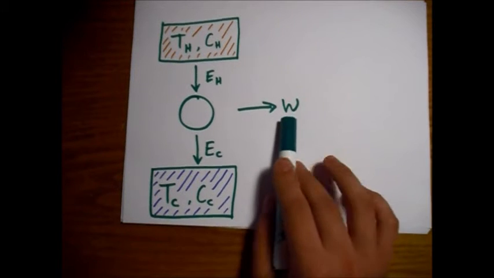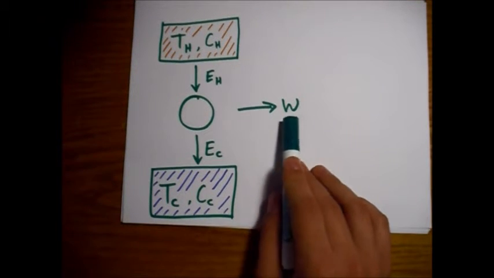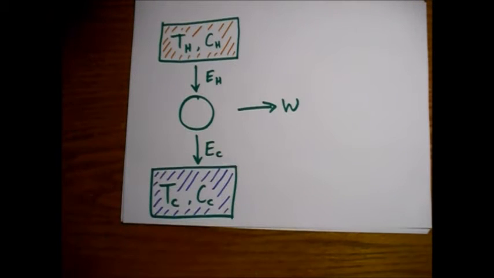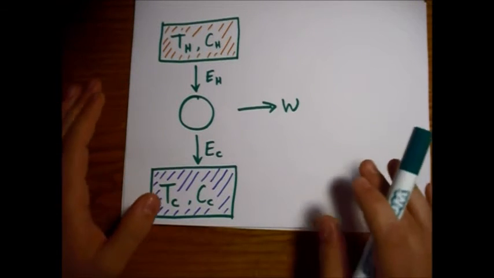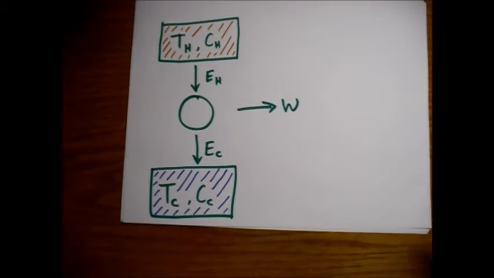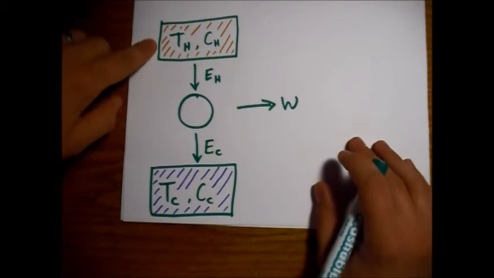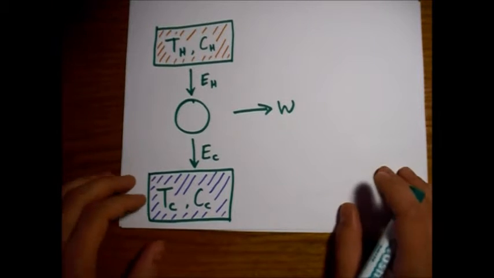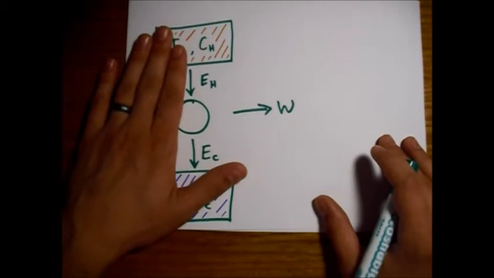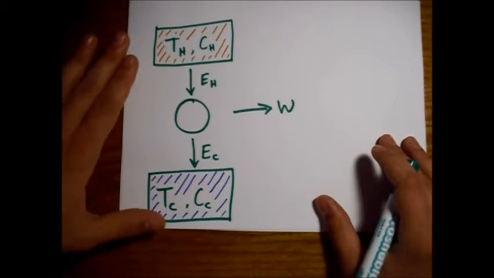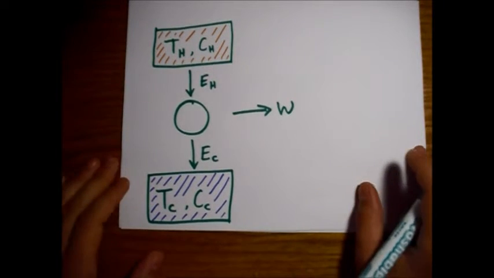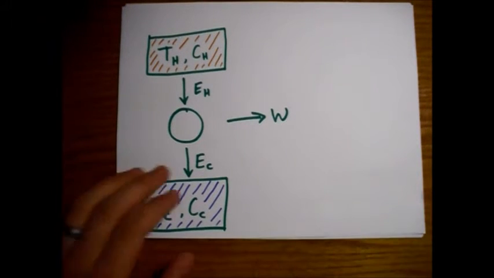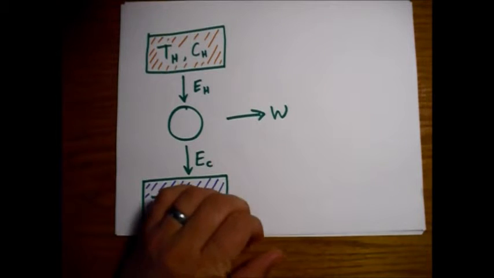But we want to know the maximum amount of work that we can get out of this system. And we're going to treat these in a general way, so that each of these reservoirs is actually finite. So basically they will both eventually reach the same temperature, come to equilibrium, and then we'll not be able to get any more work out.